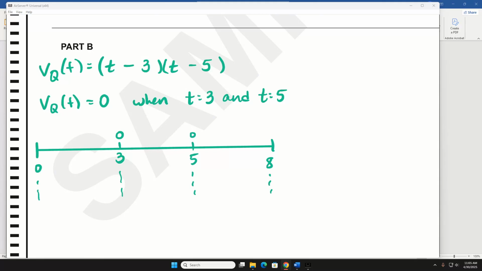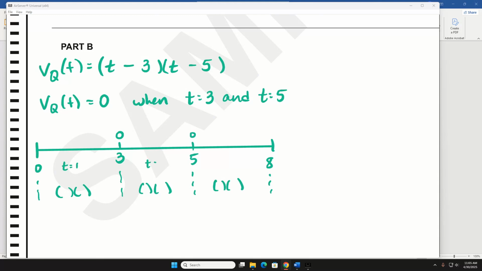Now, on the previous problem, our expression for the velocity that we were testing was 2t minus 2, which is super easy. This one, I would recommend that you don't plug into t squared minus 8t plus 15. I would recommend you plug into the factors. And you guys have done this a ton.